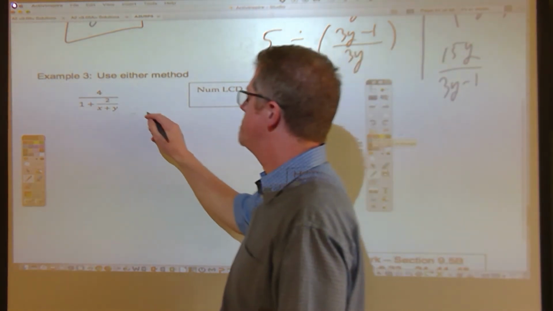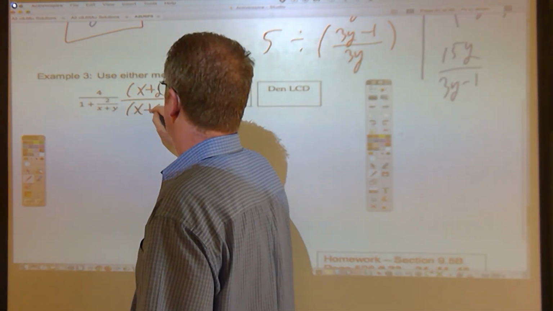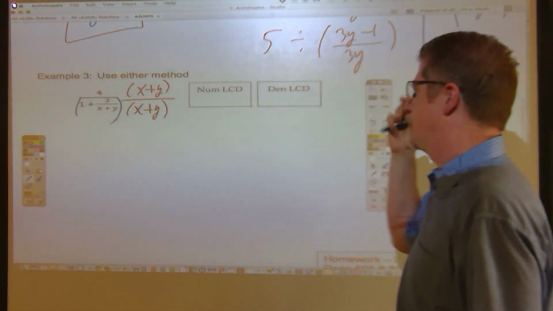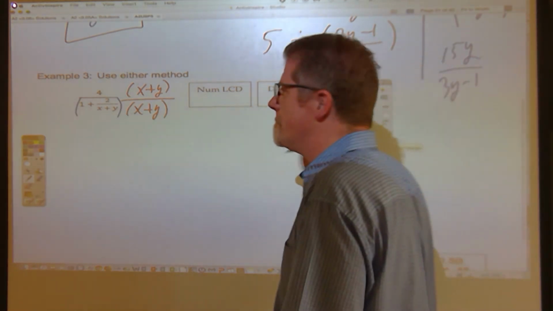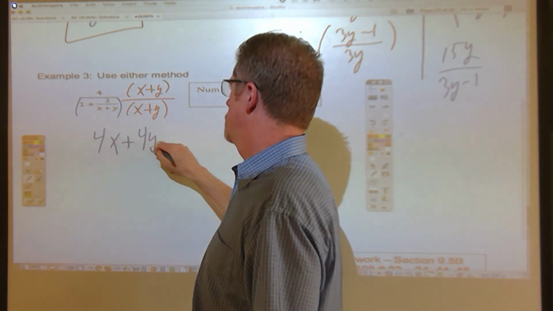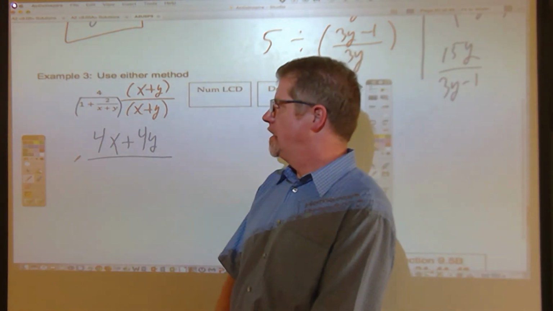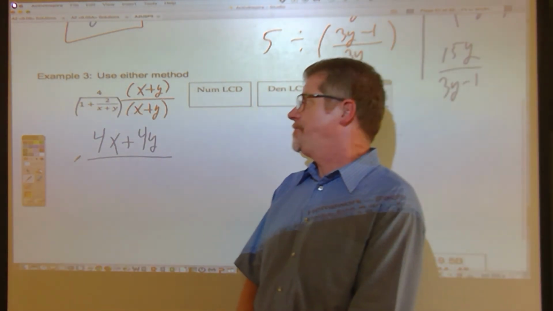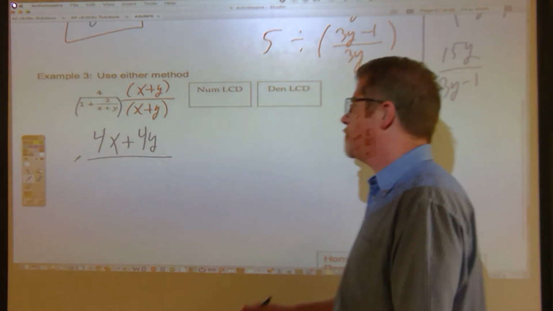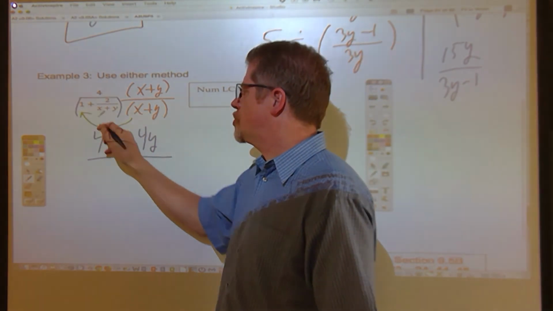Either method. So using the newfangled approach, multiplying by 1 in the form LCD over LCD, is there a volunteer who'd be willing to tell me what the first arrow of distribution would produce?